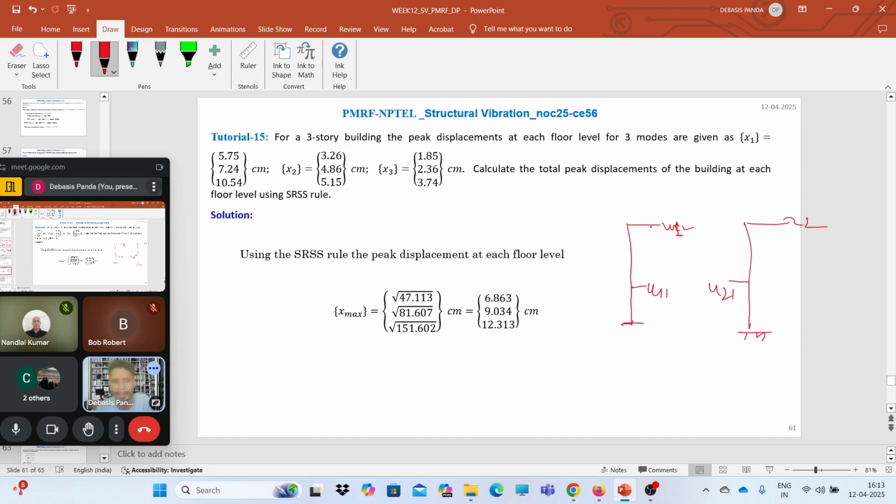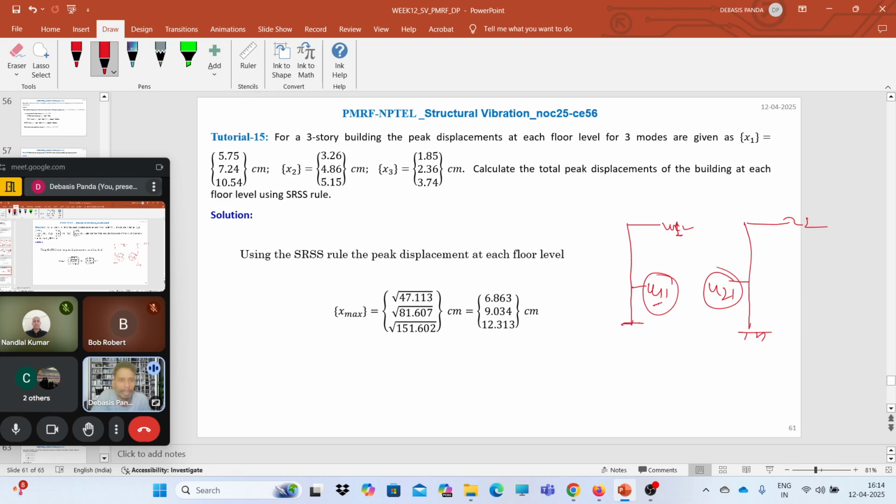To combine them. Because we have seen that the maximum responses, or the maximum modal responses, will not occur at the same instant of time, right? So to combine them, we have different kinds of rules. So those rules are very handy.